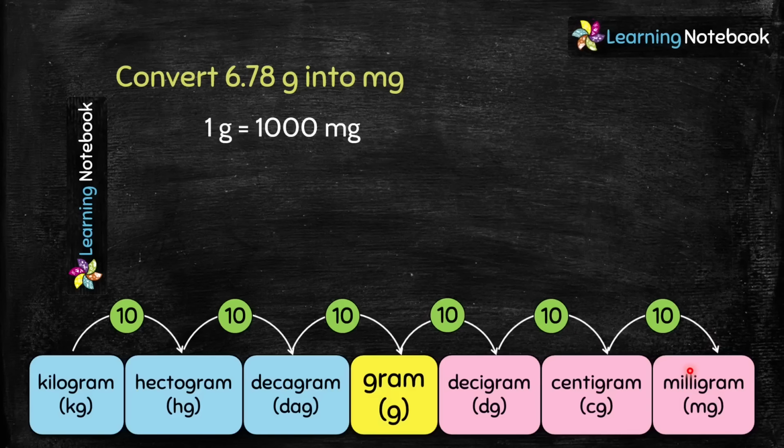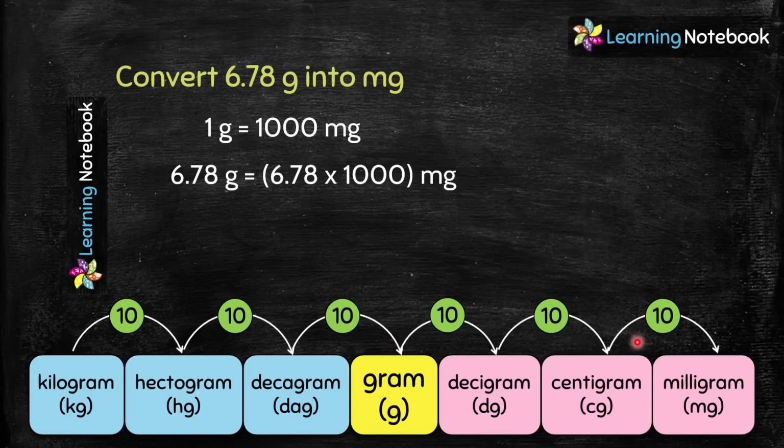So it means 1 gram equal to 1000 milligram. So 6.78 gram equals to 6.78 multiplied by 1000, which is equals to 6780 milligram. So here we have converted gram into milligram.